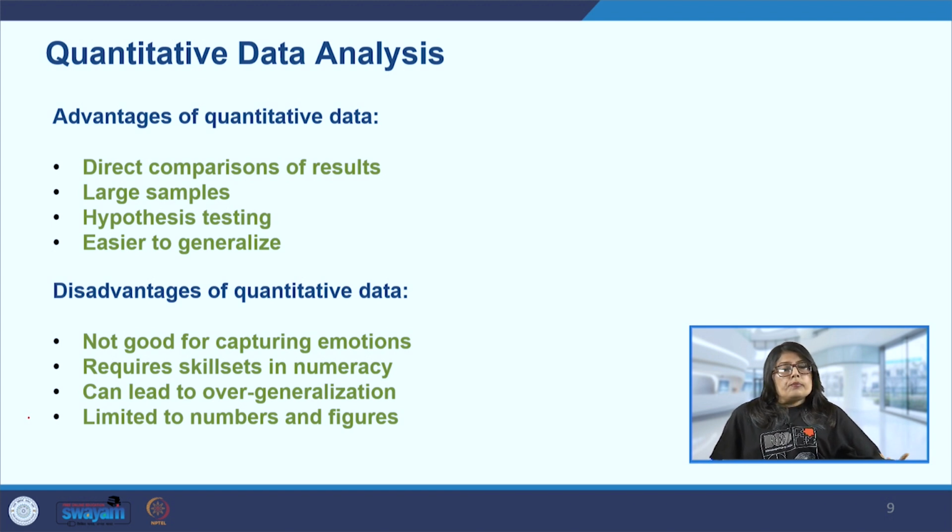For example, in ease of use, for product A maybe the user will tick 4, very usable, and for product B they may tick 2, which may stand for not very usable. That will give us very clear information about which product, A or B, is easier to use.